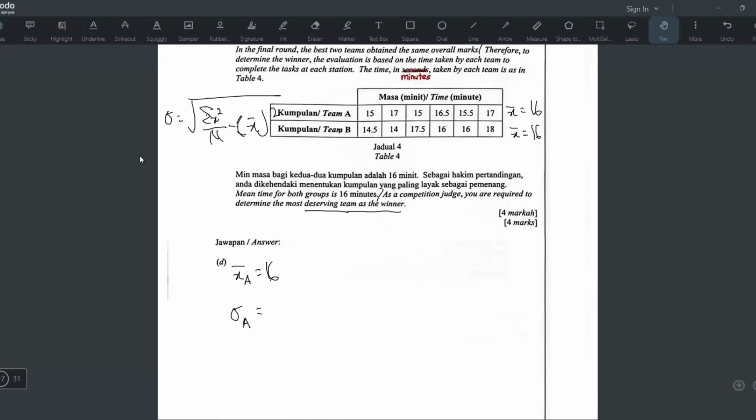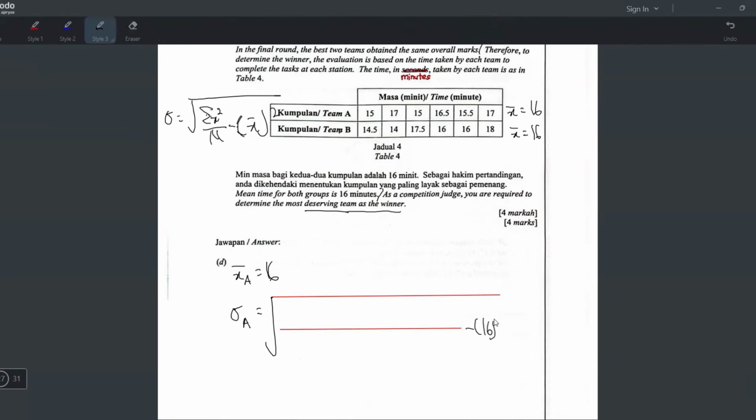So we draw a long square root line here, minus the mean square, which is 16 square. On top you do the sum of x square: take all the times taken, square them, and add them up. So 15 square plus 17 square plus 15 square plus 16.5 square plus 15.5 square plus 17 square, over n, which is 6.